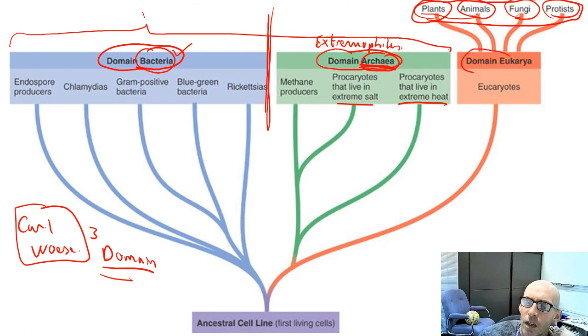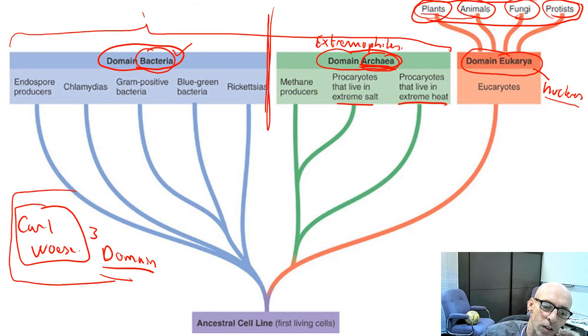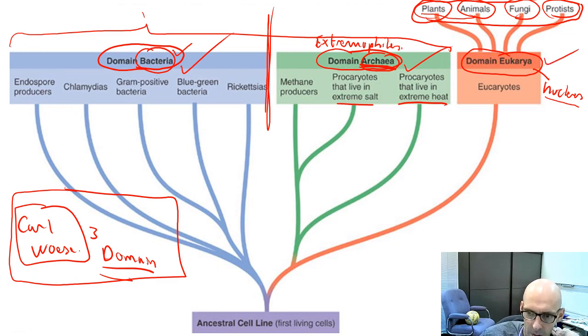And then he had this domain, eukarya, which means these ones all have a nucleus. So all the living things that Linnaeus was doing was basically splitting up this domain. So Carl Woese added a different layer on top of kingdoms, 3 domains: bacteria, archaea and eukaryotes.